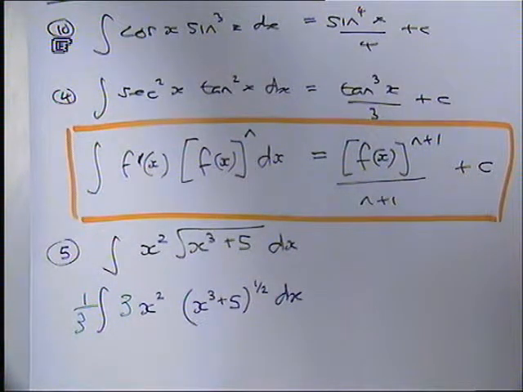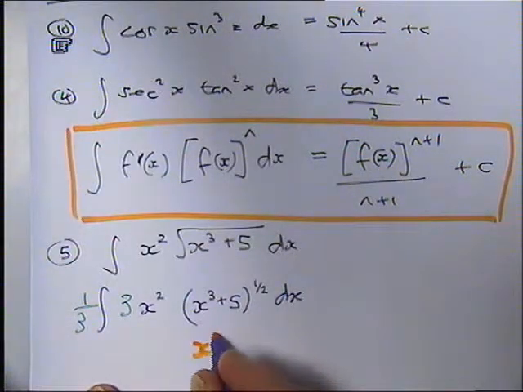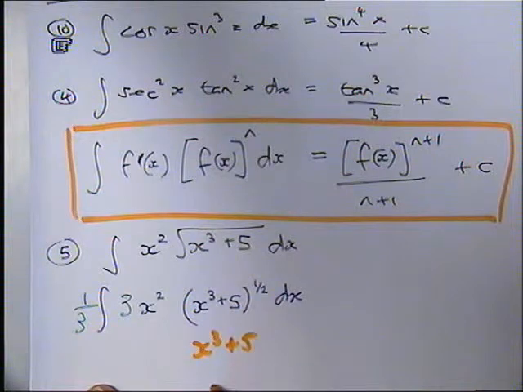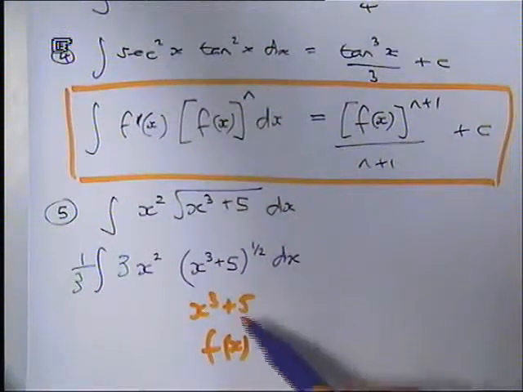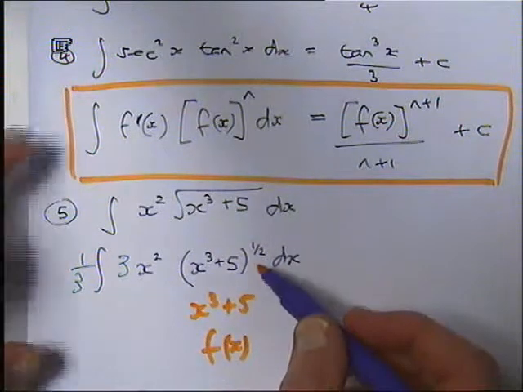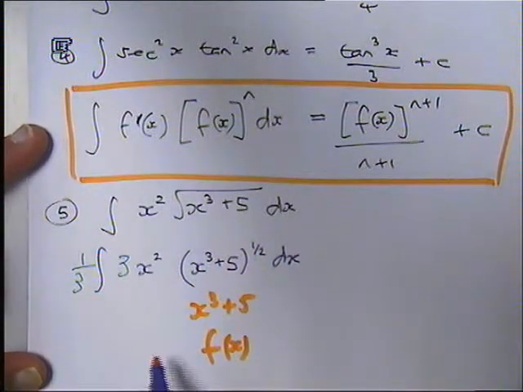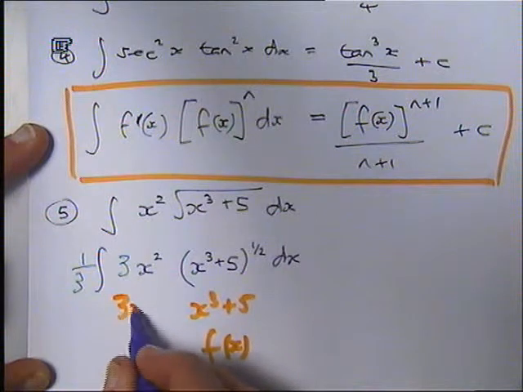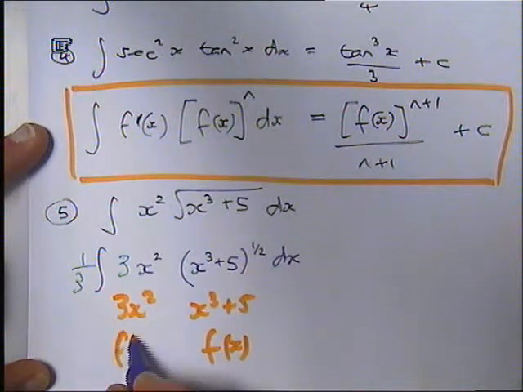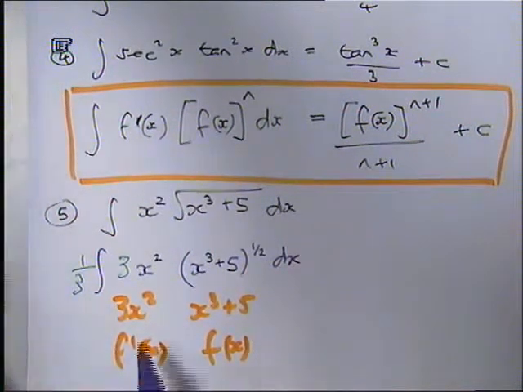So now, what we've got here is my x cubed plus 5 is my f of x, and that's to a power. The power there is a half. Over here, my 3x squared is my f dash of x, and I had to introduce that 3 so it would work. Well, that's fair enough, I can just divide by 3 to cancel it out, so I haven't actually changed anything there.